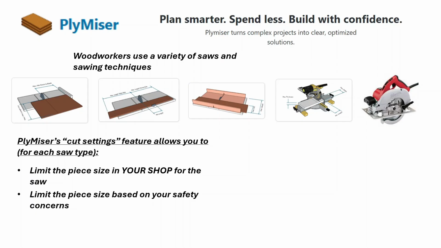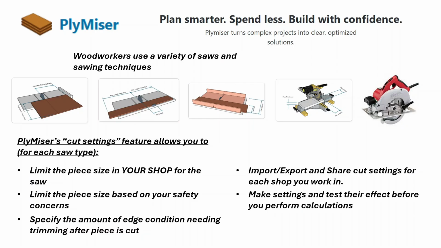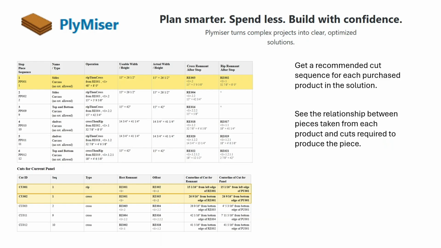I just don't feel safe doing it. So you can put these kind of limitations on your saws. You specify the edge condition for your saws. You can import and export these settings and share them with your friends. You can have multiple settings for different sites you work at, and you can test the effect of these settings before you actually perform your calculations.